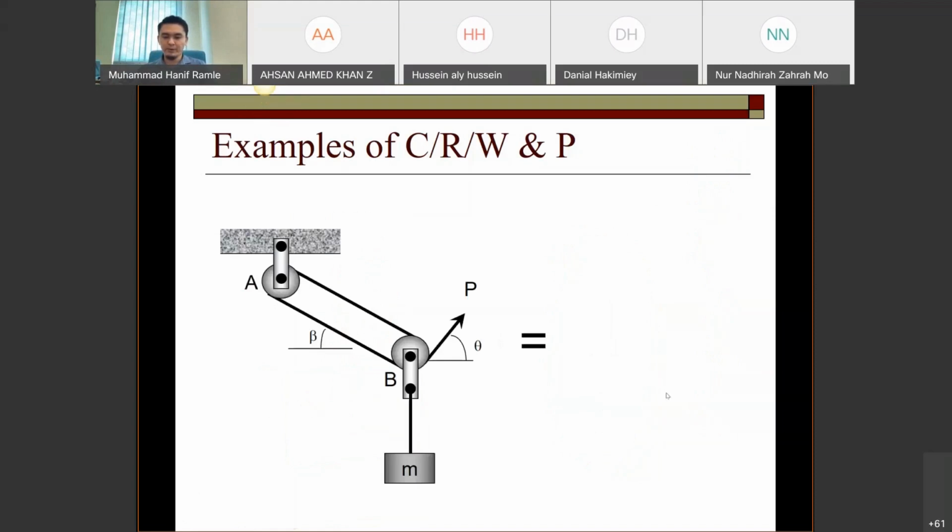So at point B, how many forces for the FBD? MG downward and 3 tension force upward. Osam, I think your mic is blurring.